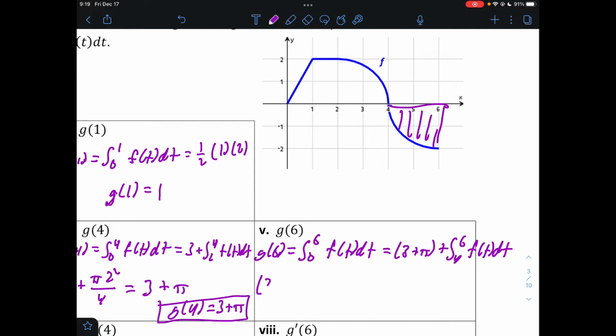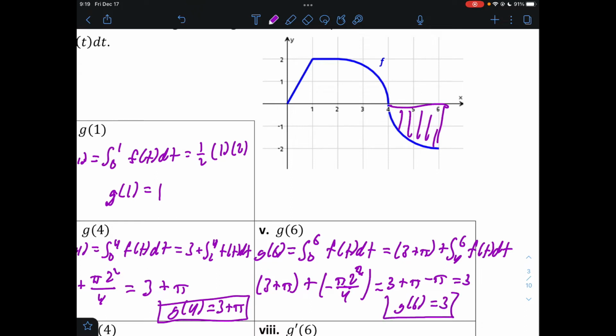So 3 plus pi plus the area from 4 to 6. It's a quarter circle with radius 2 again, but it's below the x-axis, so it's going to be negative pi times 2 squared over 4. So negative 4 pi over 4, so negative pi. So it's 3 plus pi minus pi, or 3. So g of 6 is 3.